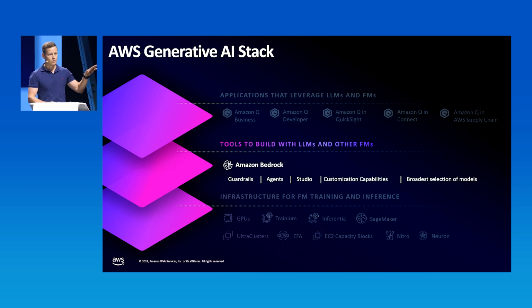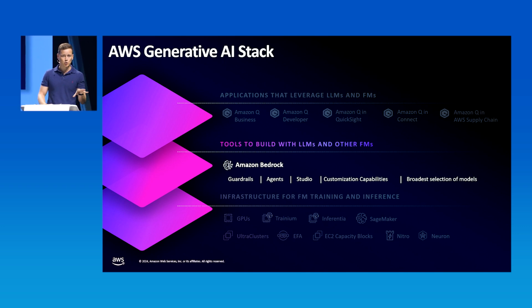In the second layer, we have Amazon Bedrock, which is the service that we are going to see today. Amazon Bedrock is a completely managed service by AWS, and it provides leading LLMs at your disposal, which can be reached through an API.